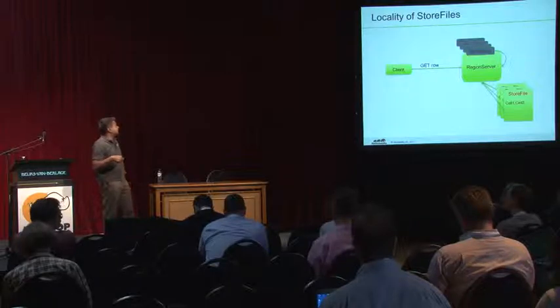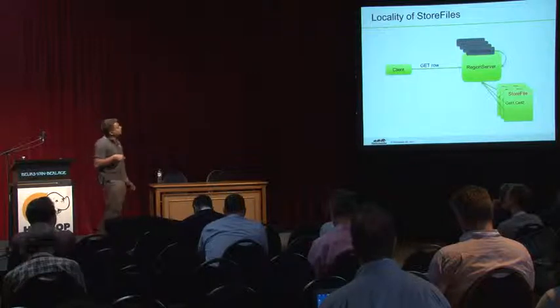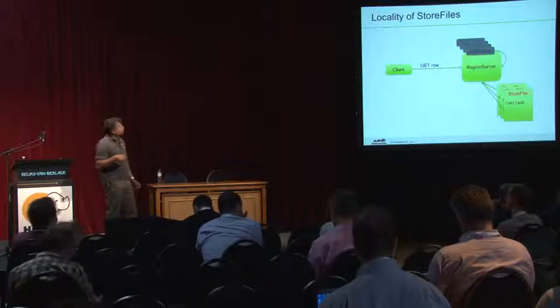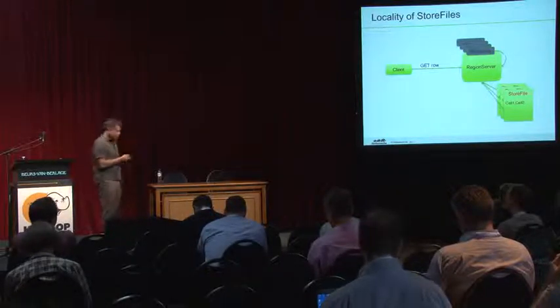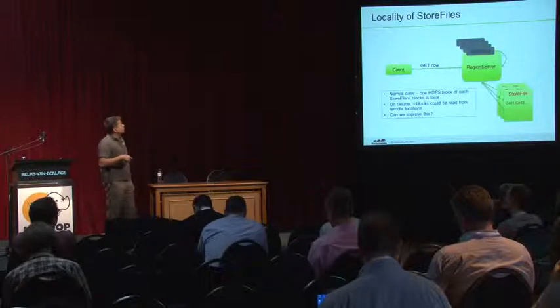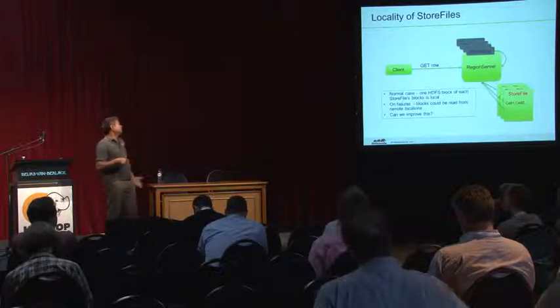When a client sends a request for some data, a quick overview here is that the mem store is looked up, the store files are looked up, and then the region server does a merge and sends the data back to the client. Okay. So there are HDFS reads happening when a region server is trying to serve data to the client, right? Now, in the normal case, there is one block of each store file local to the region server, right?